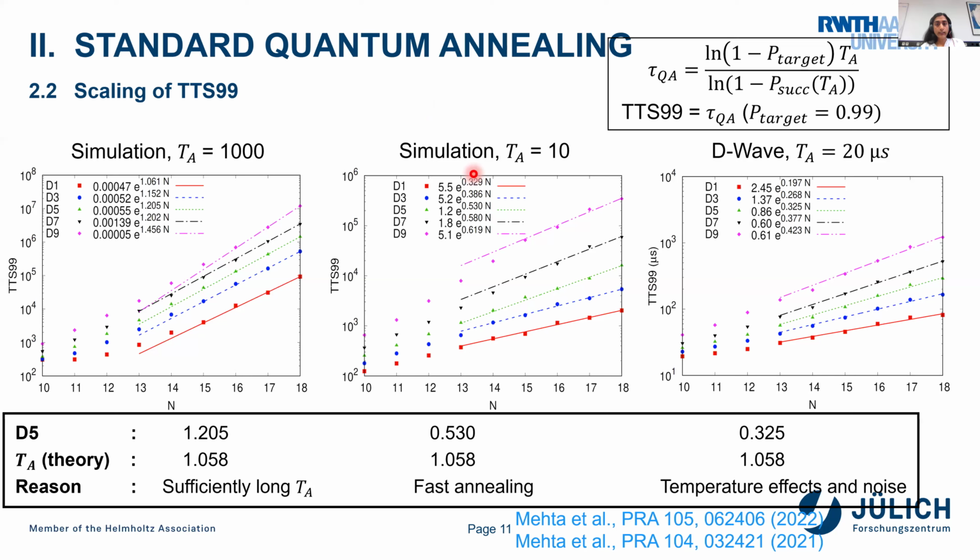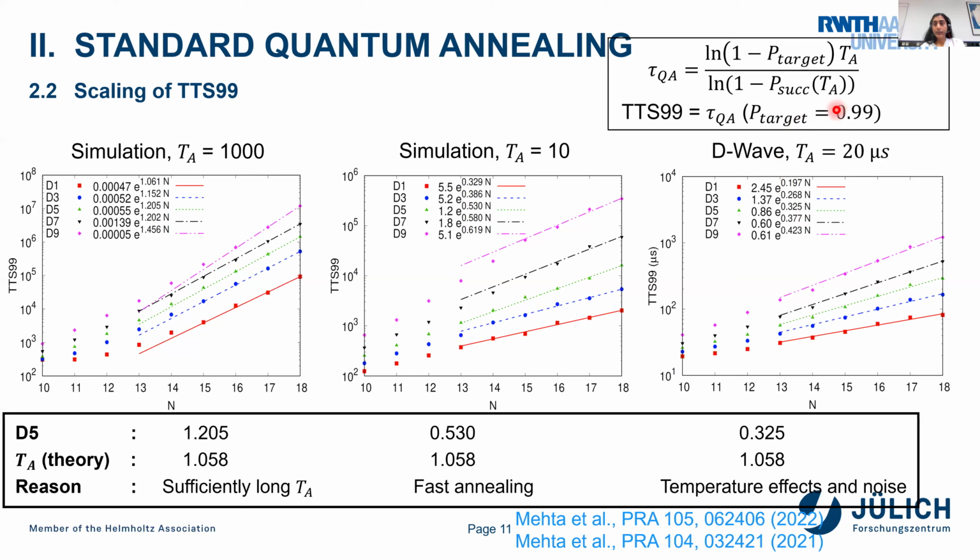However, for short annealing times like TA equal to 10, we find this scaling exponent for the median to be much smaller than this theoretical prediction. And we conjecture that this comes from some non-adiabatic mechanisms, for example, fast annealing, which I'll talk about in the subsequent slides.